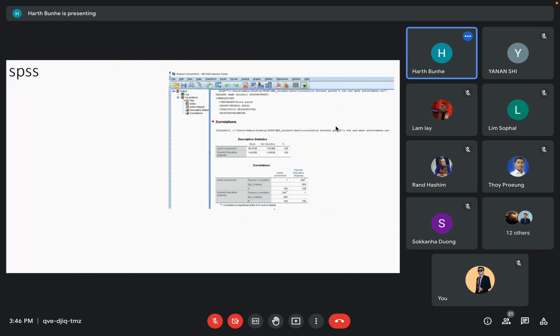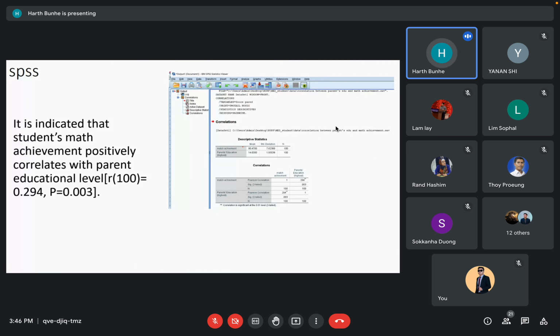This is the output that SPSS gave you, and here is the answer to what the correlation is. It means that math achievement and parents' education level correlate significantly at a magnitude of 0.3.